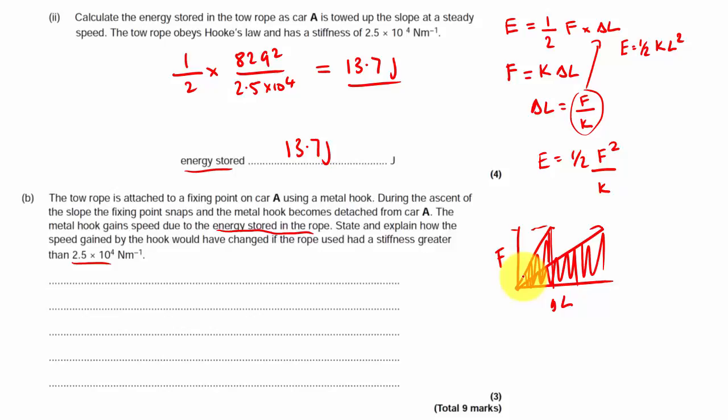So now we have to think about how to structure our answer. The examiner's report for this question did say that students really struggle to structure their answer well with this, so I'm going to try and really make that clear.